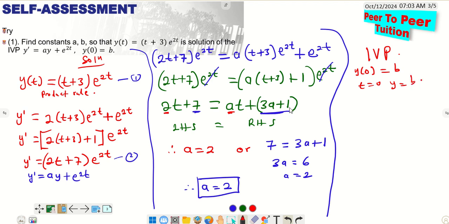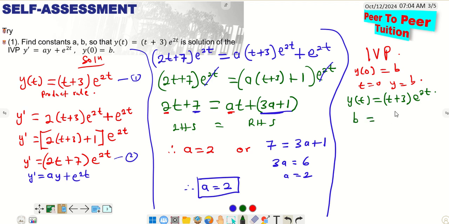So let us substitute that into the solution. y(t) is equal to (t + 3) multiplied by e^(2t). We are substituting it here. So we first put in y. y is b. So b comes here.